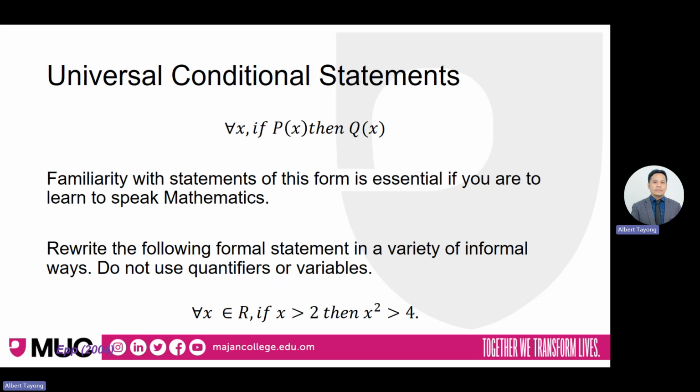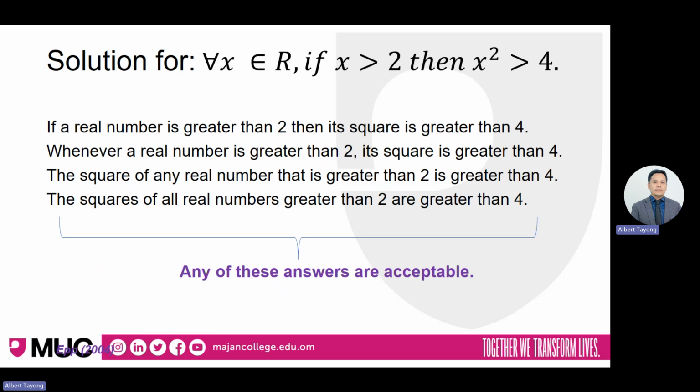Okay, now if we have something like this, where "if" is in the middle, I have shown an example of this before in our revision. We're going to start with if. So you can say, if a real number, so you go to the left, is greater than 2, then go to the right, its square is greater than 4, because we have x squared here.